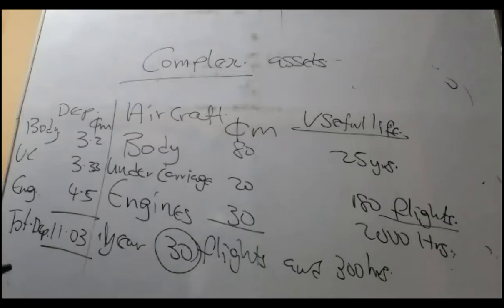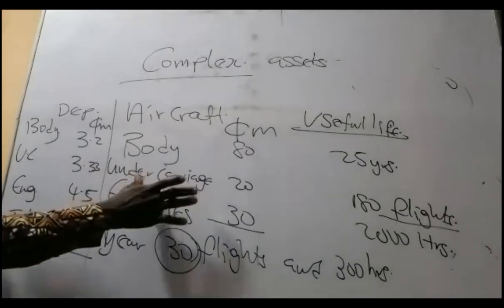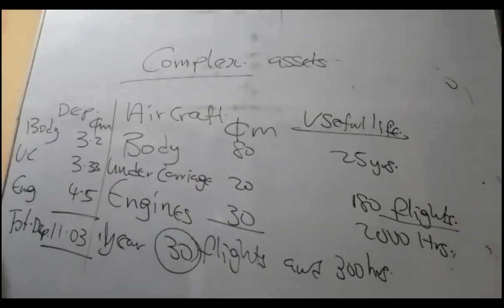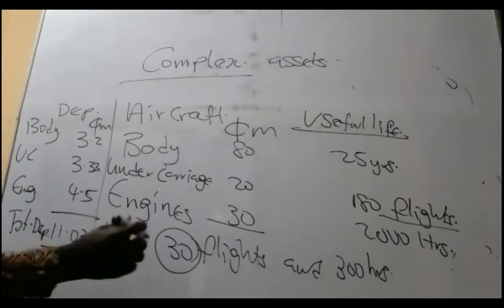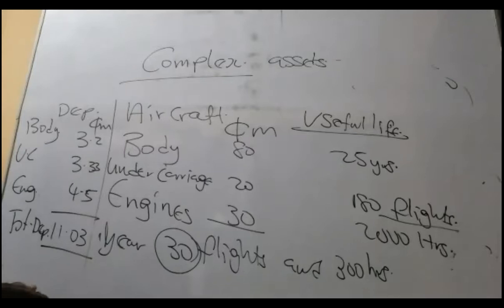So here, all I have to do is add the major overhaul. Let us say this asset, every 3 years, they have to go and do a major overhaul of the aircraft. And it will cost them 6 million. So major overhaul after every 3 years.